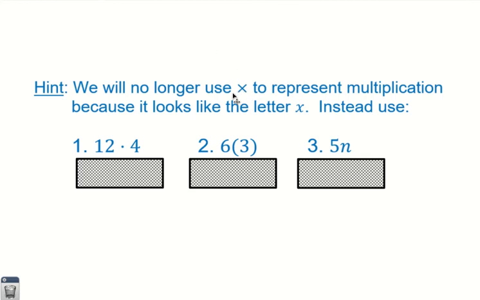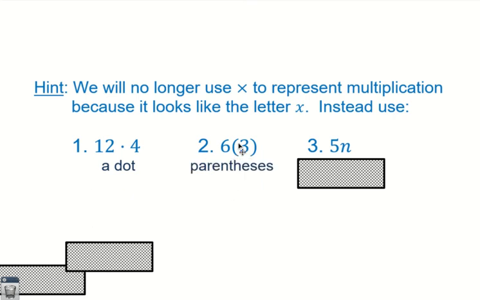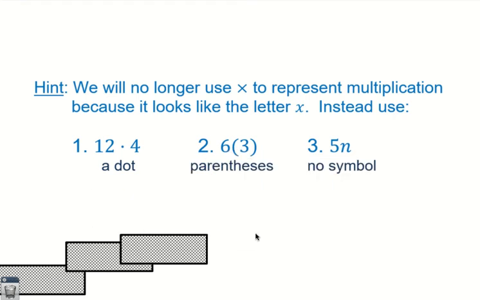We're trying to get away from that symbol because it can look like the variable letter x. So instead we're going to use the dot, just parentheses where two numbers are next to each other, or just no symbol at all, like 5n. If it's 5 directly next to the n, that means it's 5 times n.